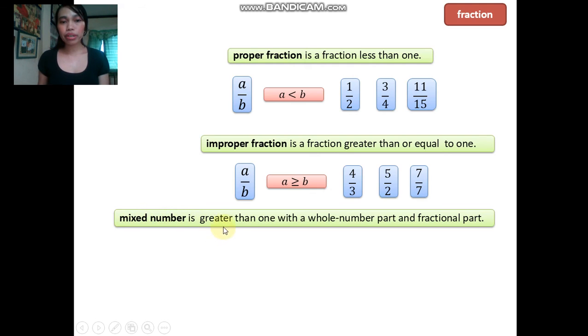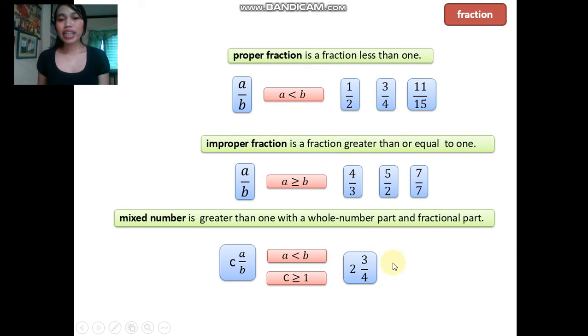So a mixed number is greater than or equal to 1, with a whole number part and a fractional part. This is how you represent a mixed number: c, a over b. So a should be less than b, and c should be greater than or equal to 1.